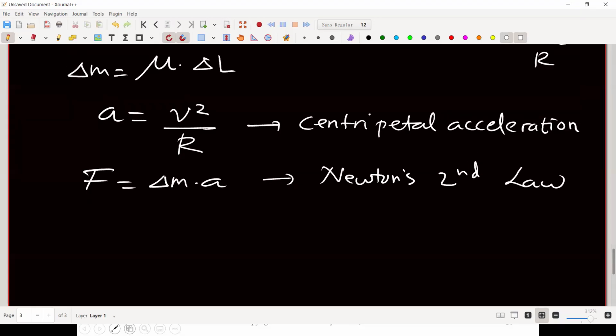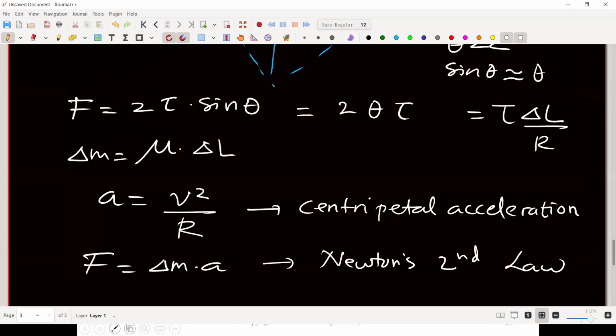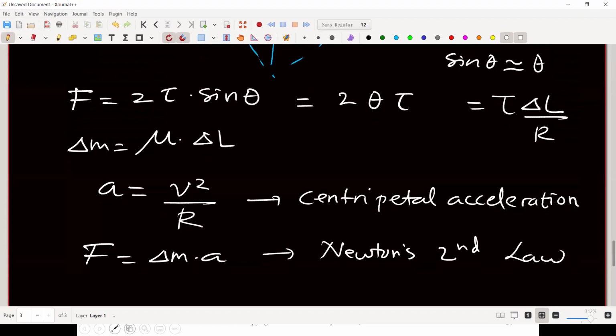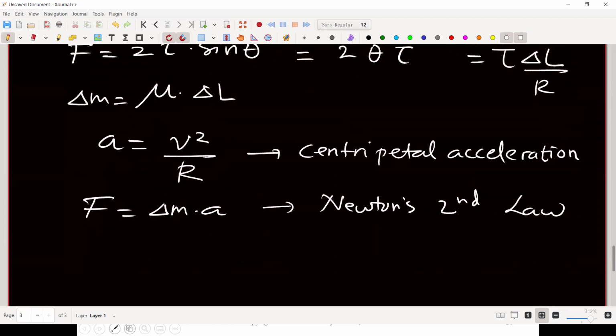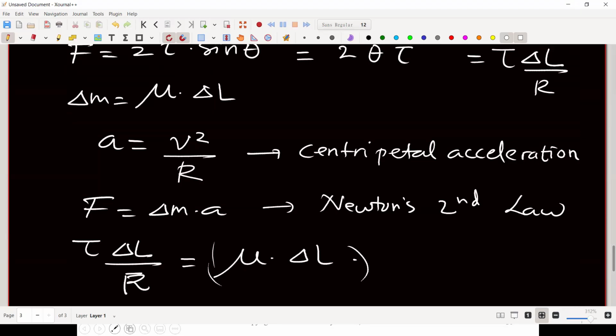So F here, the force, is equal to tau delta L divided by R. Tau delta L divided by R is equal to mass, mu delta L, times A. A is the centripetal acceleration, right?